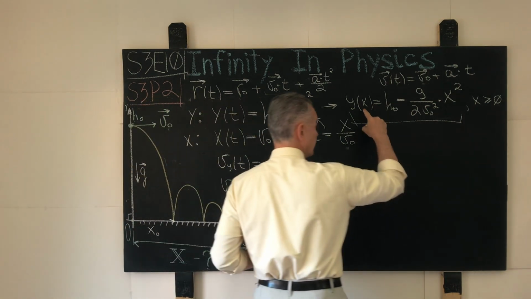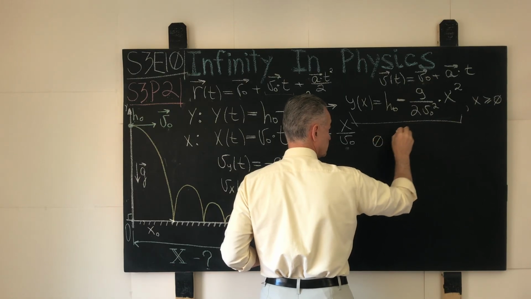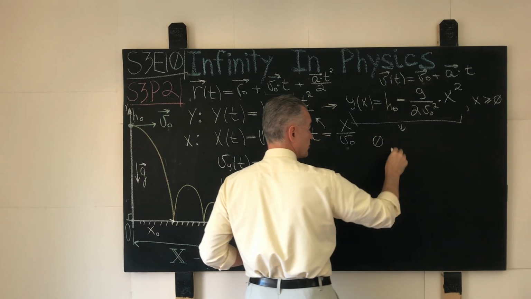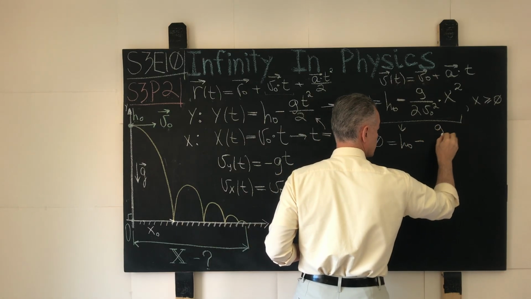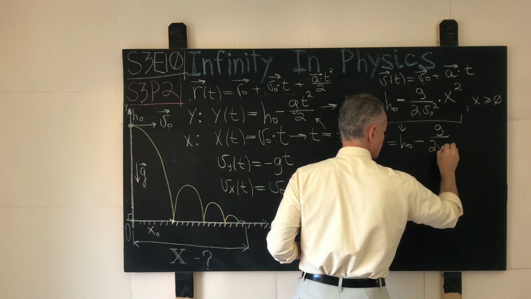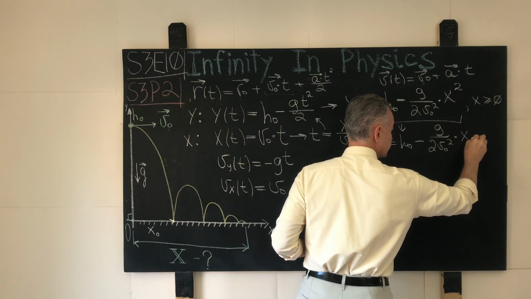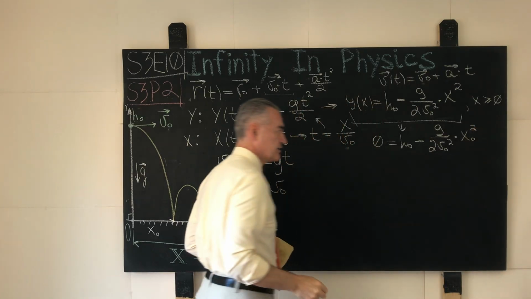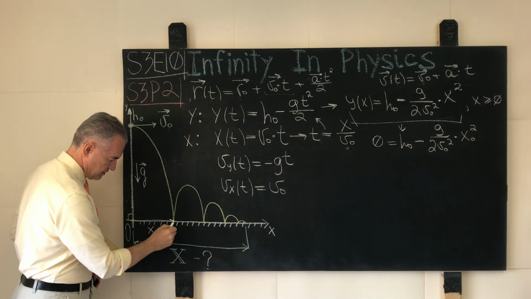Consequently, if we put here for y of x, we put 0, then we will have h0 minus g over 2v0 squared times x0 squared. You see, the x0 squared is this magnitude shown right here.